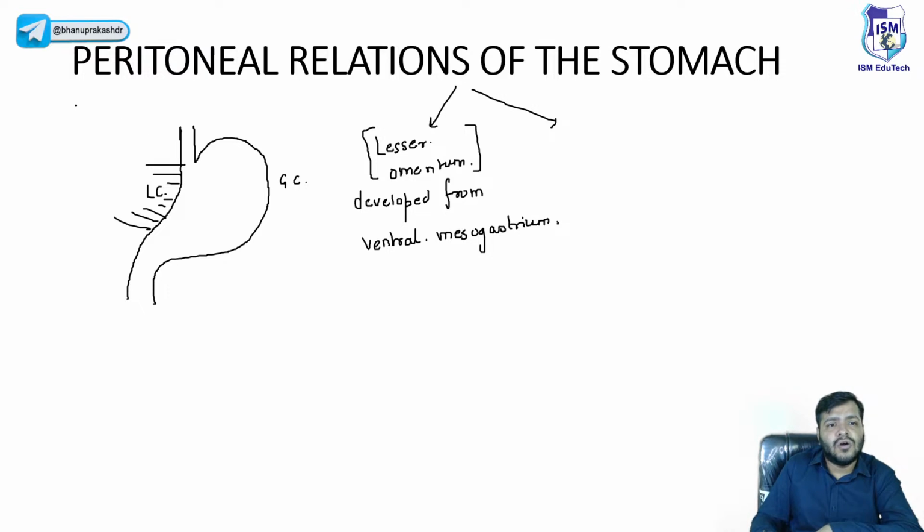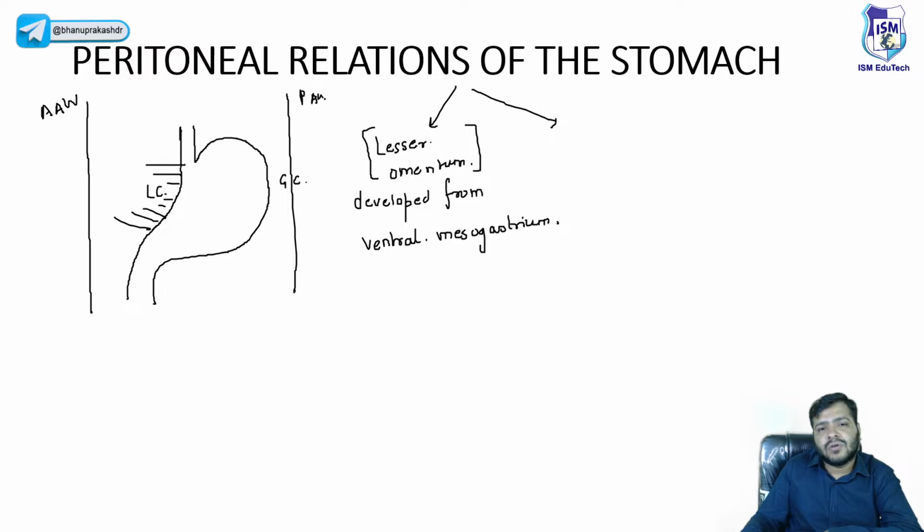So you already know, if we have this anterior abdominal wall, and this is the posterior abdominal wall, in the developing phase the lesser omentum is developed from this ventral mesogastrium.